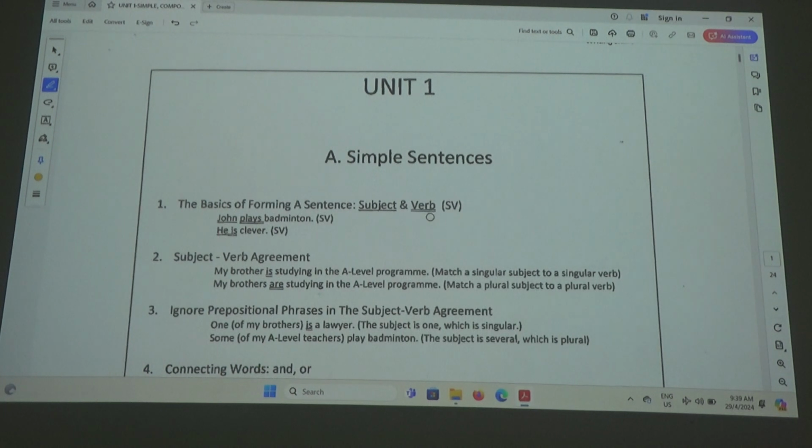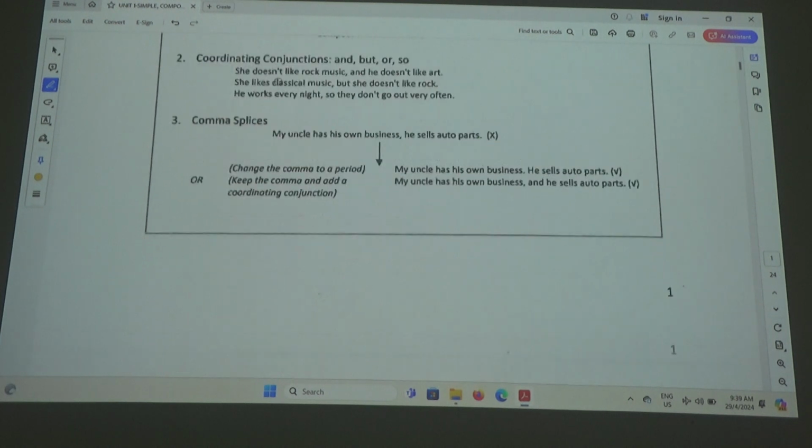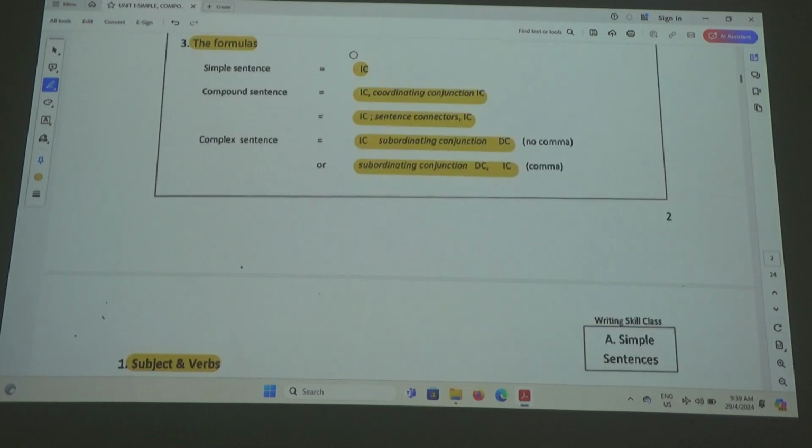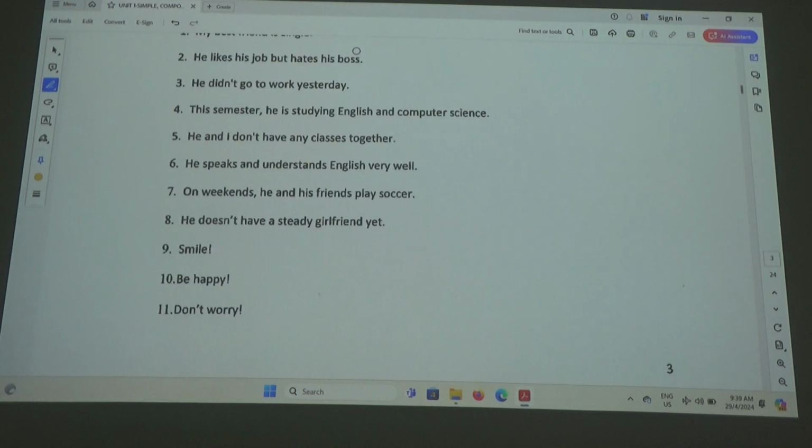Is that okay? Minimum requirement for a sentence is it must have a subject and a verb. Okay, here when we look at this, we have only the verb smile. Correct?